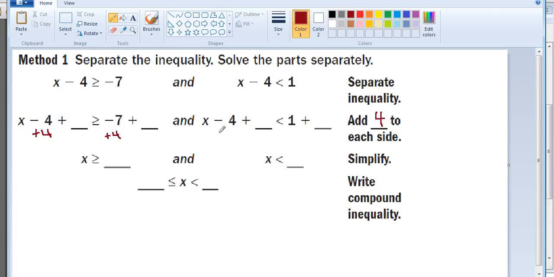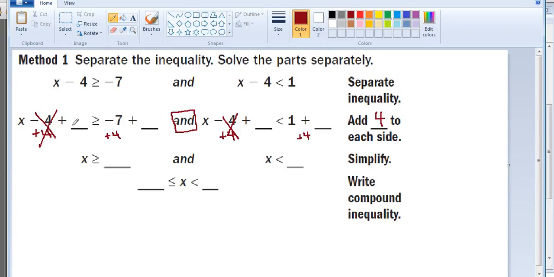You could also put it right there. We're going to be adding 4 here and adding 4 here. Okay, so when this is all said and done, x is left by itself here because those cross off. Those cross off. Again, these are two separate things right now, separated by and.